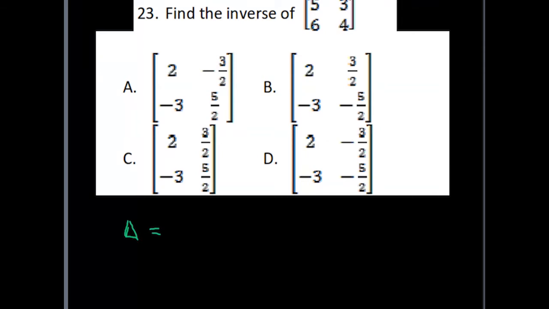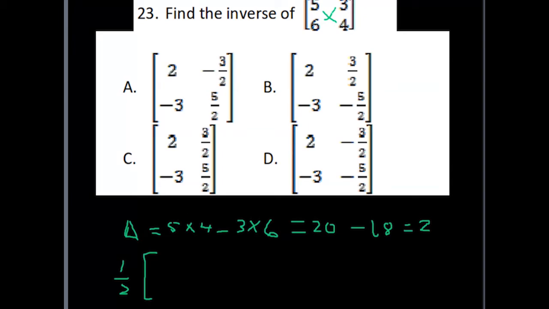That's 5 times 4 minus 6 times 3. So the inverse here is therefore 1 over 2.